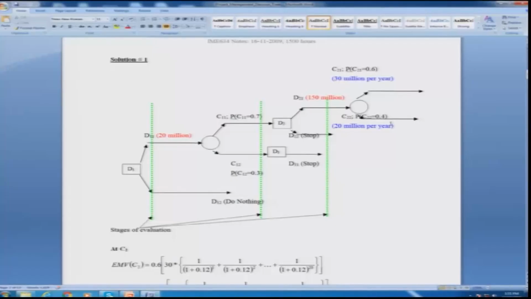In case the demand was on the lower side, with a probability of 0.4, that means there are 2 arms, then the value would be 20 million per year for again the same duration. So, this 20 years being the same for both need not be so, it can be different time frames.